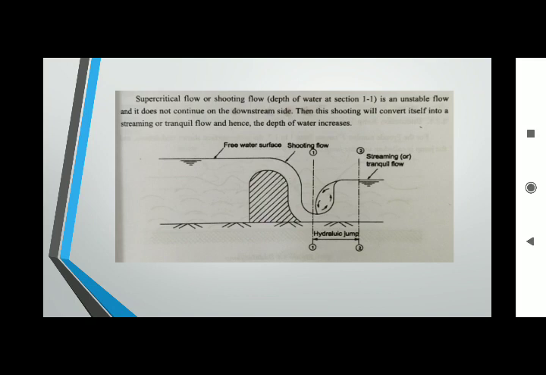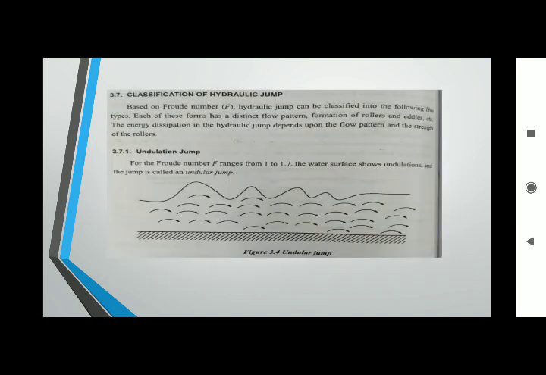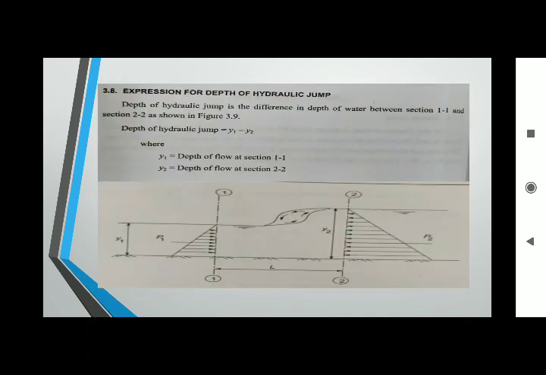The formula is y1 is equal to y2 by 2 into root of 1 plus 8 Fn2 square minus 1. Like that, if y1 and Fn1 are given, I can calculate y2. Let's see that formula. These are the types of jumps. We derived this equation.